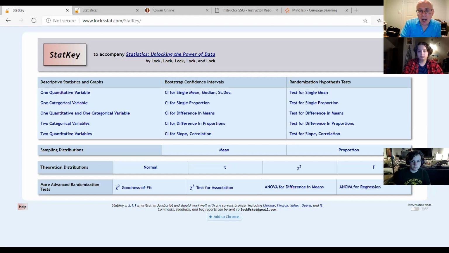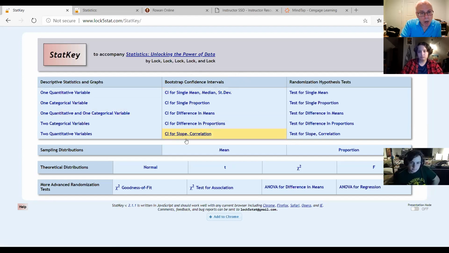Now, I'm going to show you starting next week how to use this, but basically this section in here where it says bootstrap confidence interval, this is the section that you're going to use when we want to calculate confidence intervals.